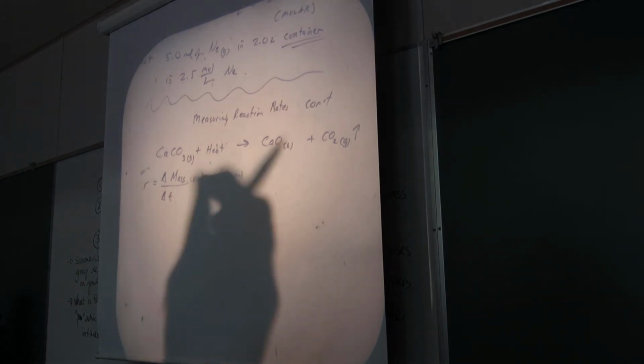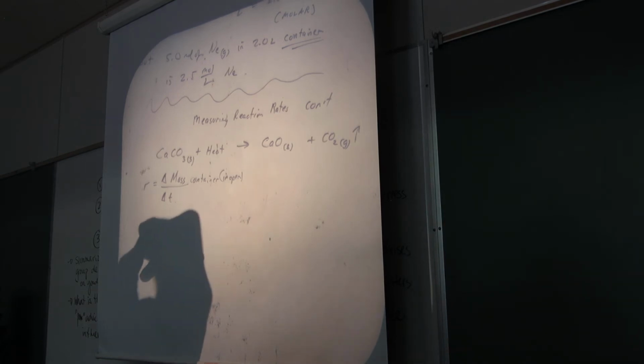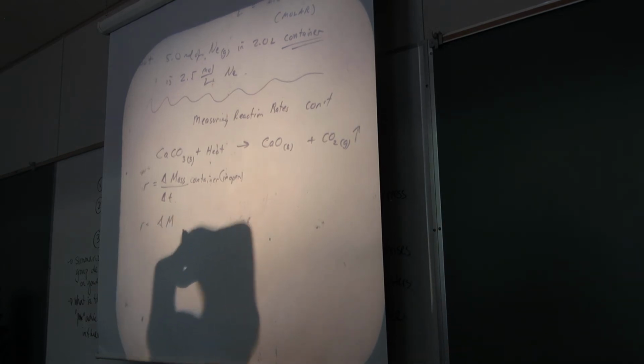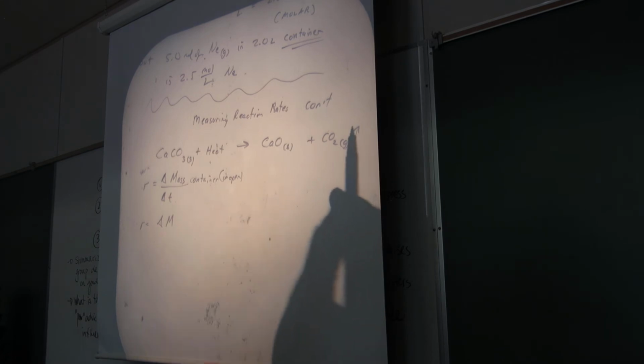Are there any other masses that we can measure, if we're going to measure individual masses, that would help us? Can we measure the masses of individual components to help us tell the rate of the reaction? Yes, what components? Well, let's decide it's an open container.